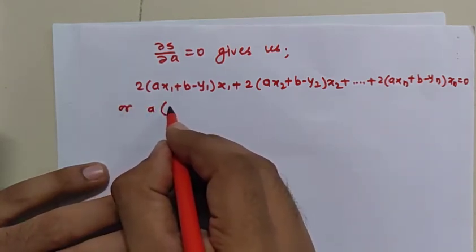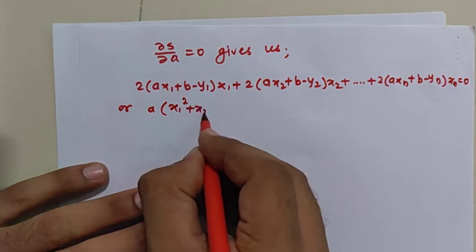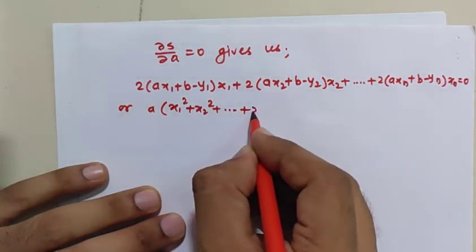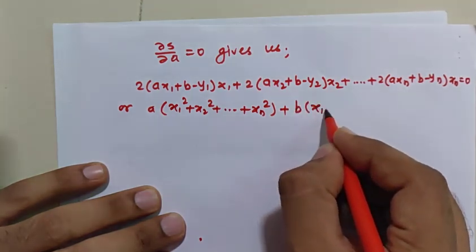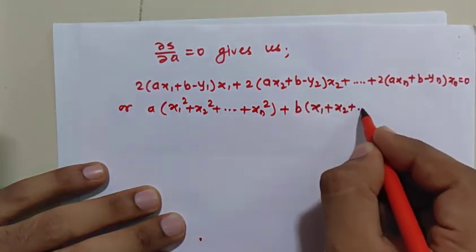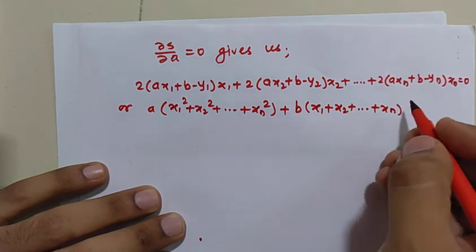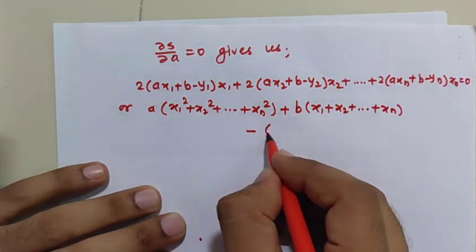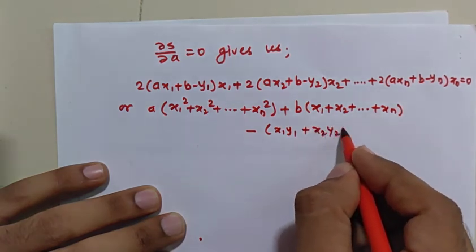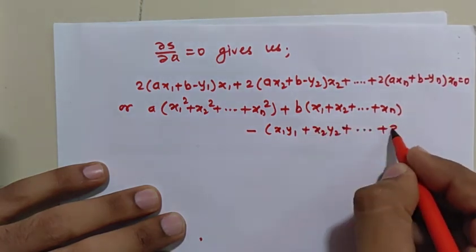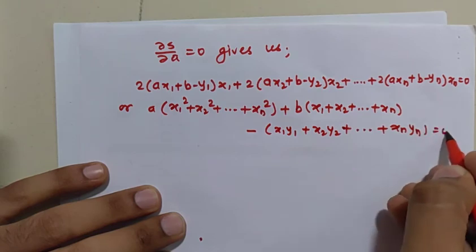Making rearrangement, a of (x1 square plus x2 square up to xn square) plus b into (x1 plus x2 plus up to xn) minus (x1y1 plus x2y2 plus up to n terms) equal to 0.